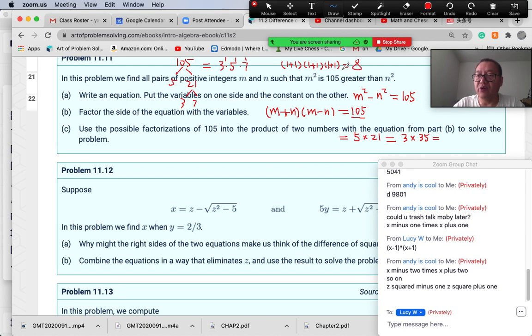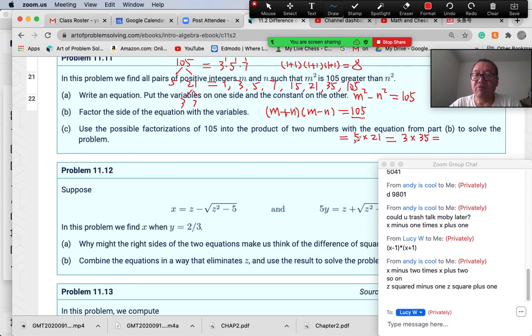So 105 has 8 factors: 1, 3, 5, 7, then 3 and 5 together is 15, 3 and 7 together is 21, 5 and 7 together is 35, and the last one is 105. That's 1, 2, 3, 4, 5, 6, 7, 8.